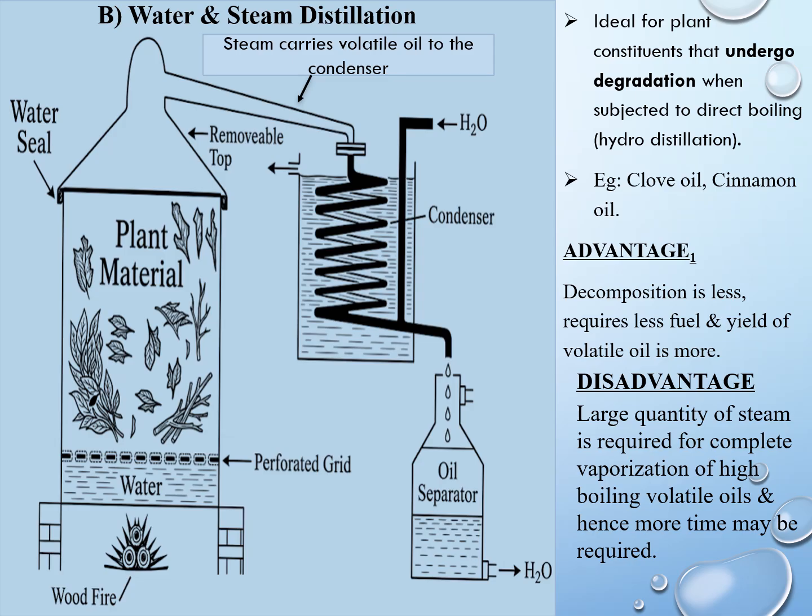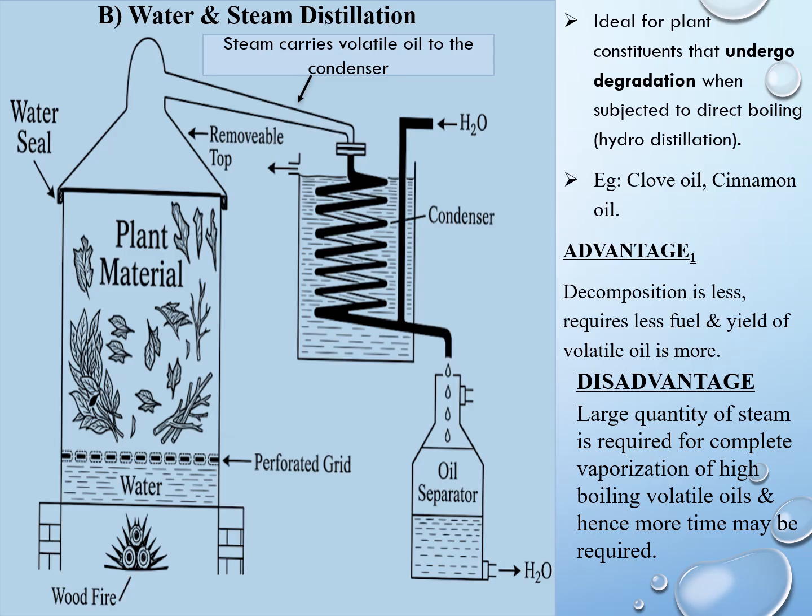Usually most of the volatile oils are lighter than water. That means the specific gravity of the volatile oil is less than that of water. So since the specific gravity is less, the volatile oil will float on top of the water.